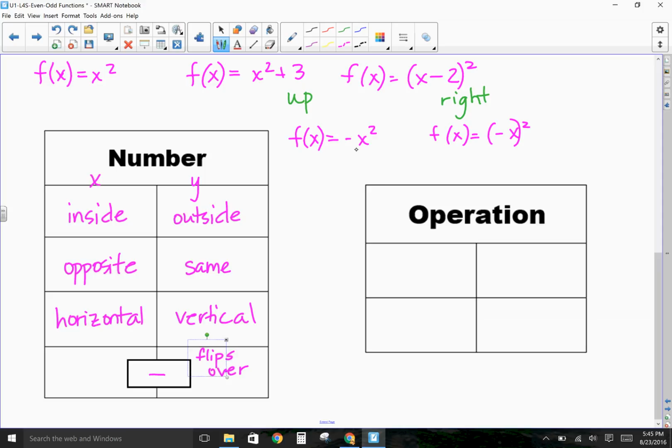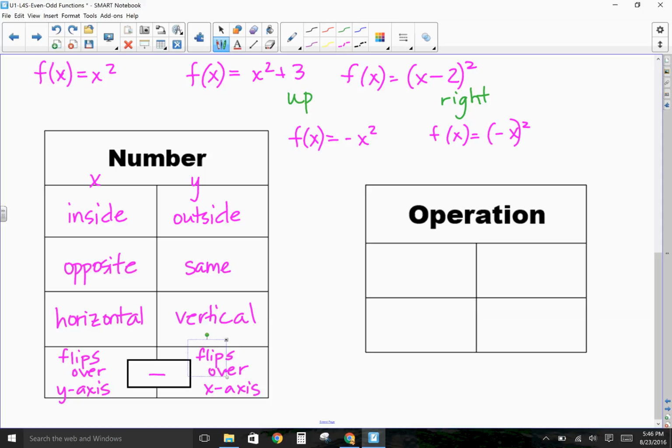If the negative is outside, it affects the y value, so it's going to flip over the x-axis. If the negative is on the inside, it affects the x coordinate, and that is going to flip over the y-axis, and you'll see that as we go along. We're going to work on that a lot today.